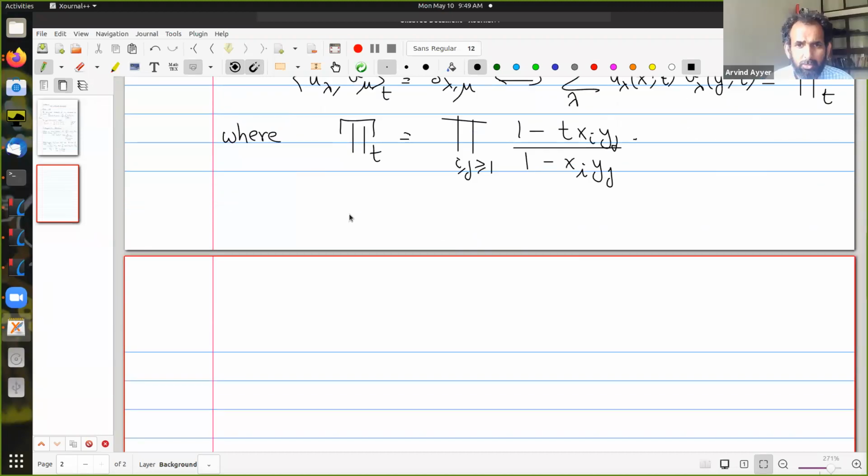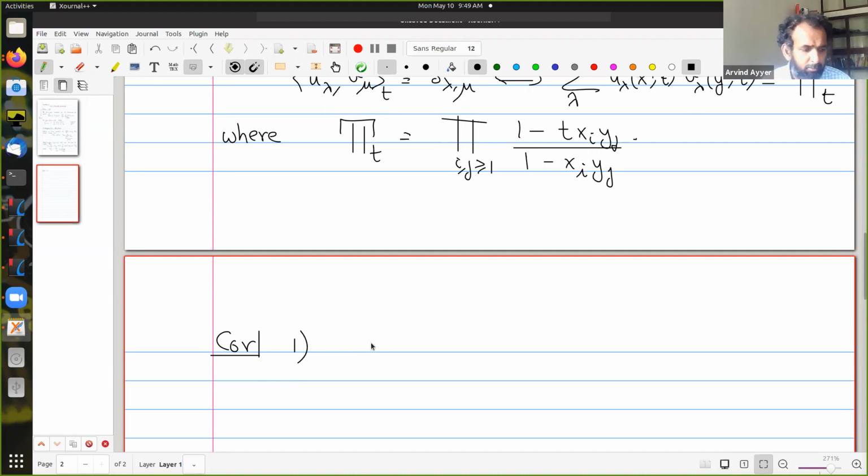Okay, so as corollaries of this, you get the following. You get three results. The first one is, of course, for p lambdas itself.